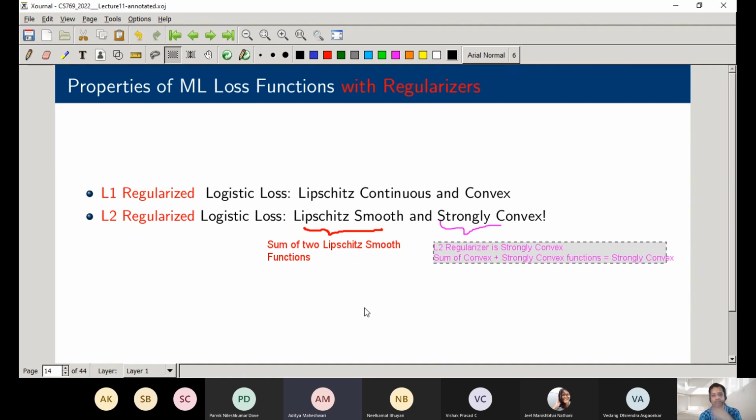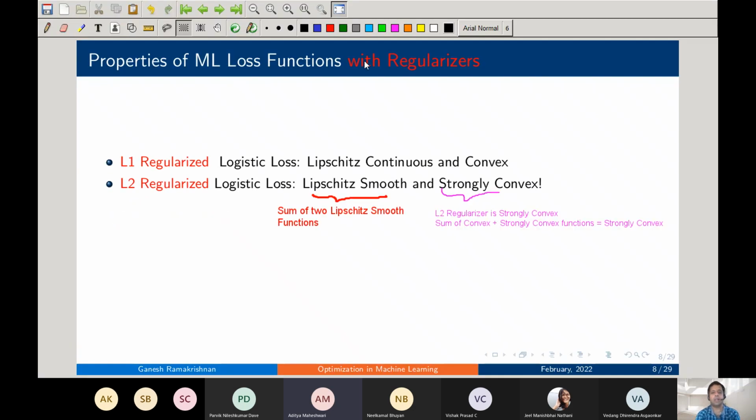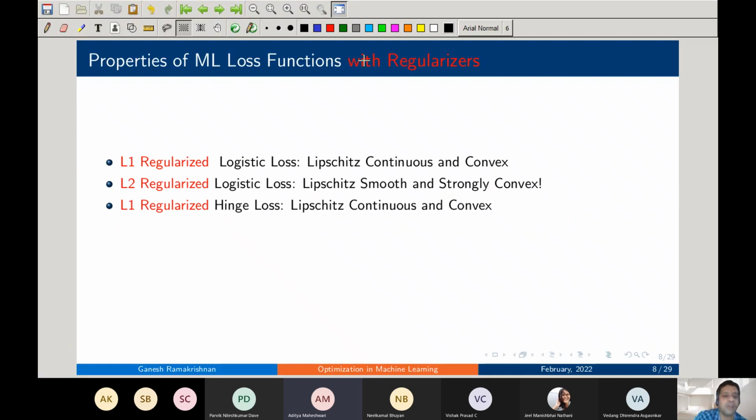By the way, sorry. The third one, L1 regularized hinge loss. It's Lipschitz continuous. Why? Anyone wants to give a reason? L1 is Lipschitz continuous. Hinge loss is Lipschitz continuous. So it's again the same sum.